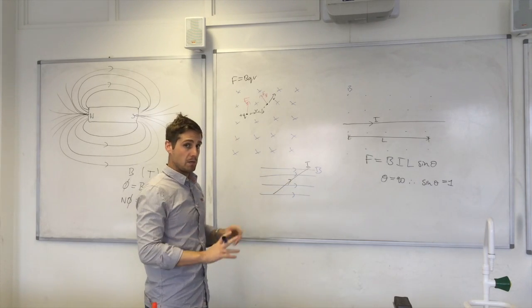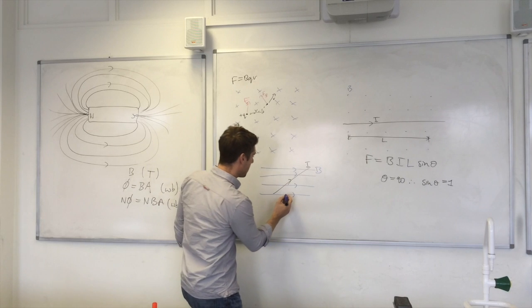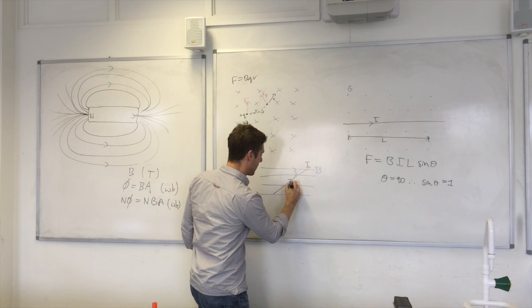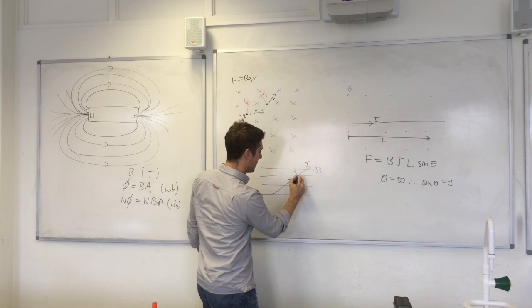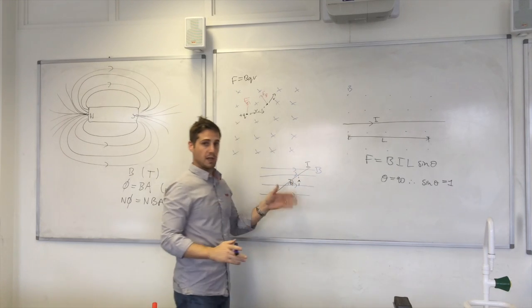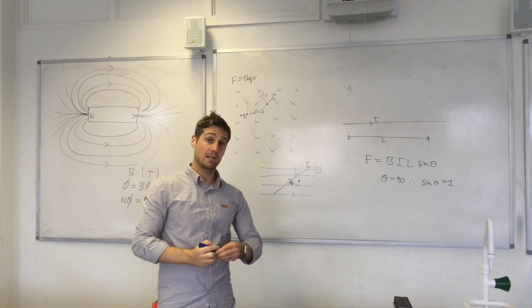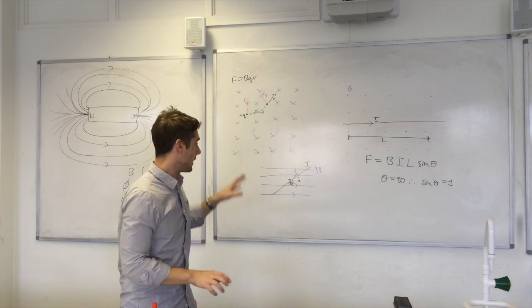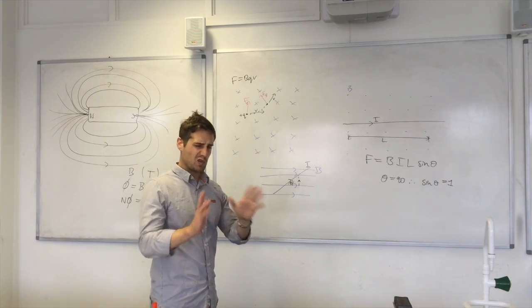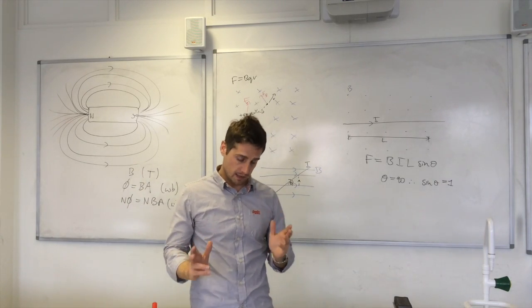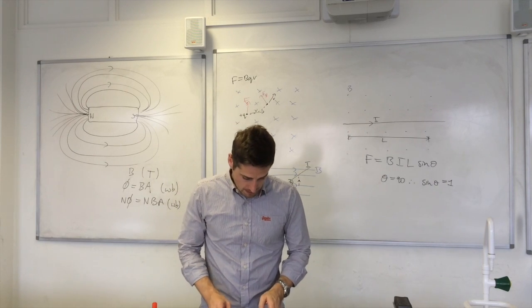It's the perpendicular component that we're interested in. So theta would be here. So then sine theta will give us the component which is perpendicular to the field lines, and that's the component that contributes towards the force. So that's the angle we would need to use there. All right? Just watch out for that, because sometimes that can lead to mistakes.